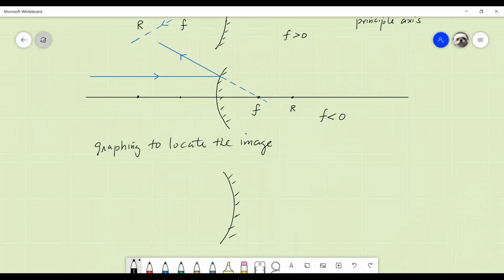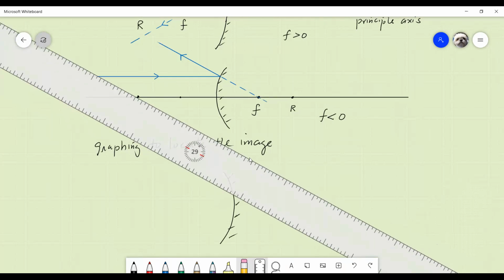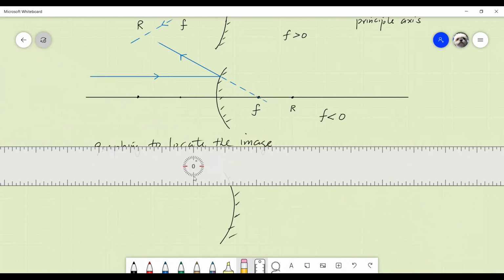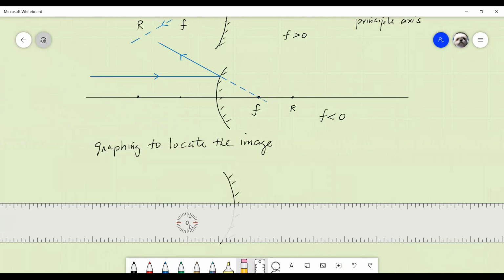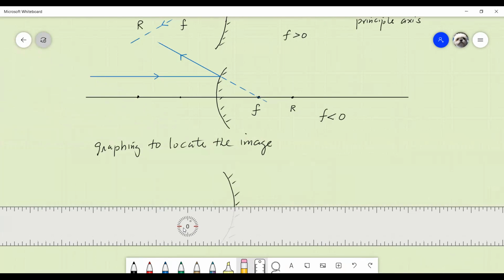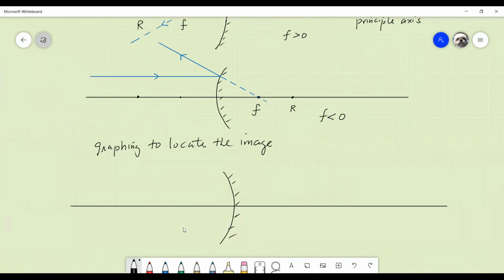Now I have to draw a principal axis. Then I'm going to define my focal point.